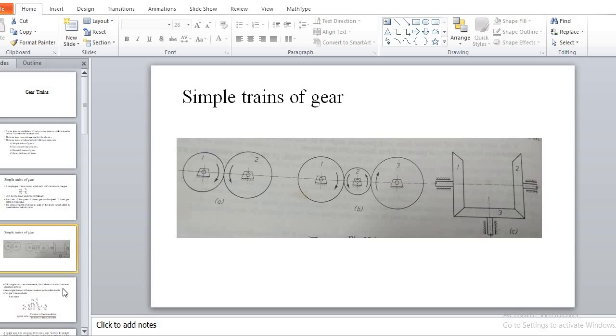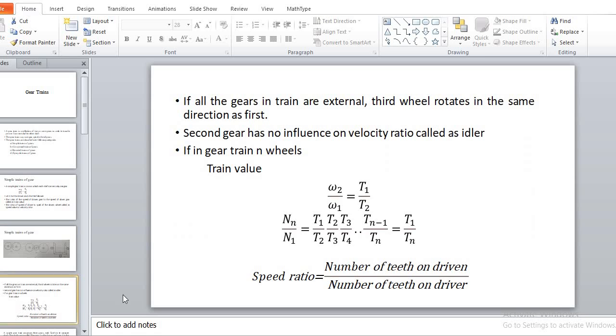And we can write for this case like this. Train value is nothing but the ratio of the driven wheel to the driver wheel.